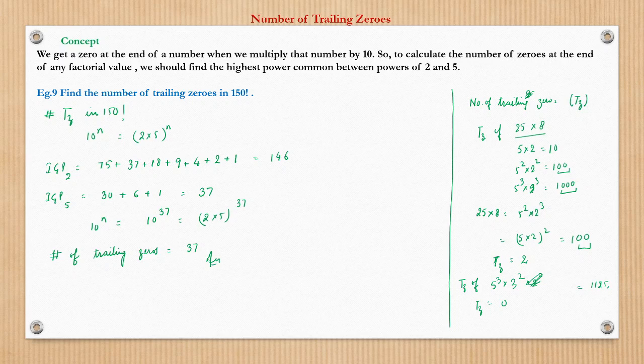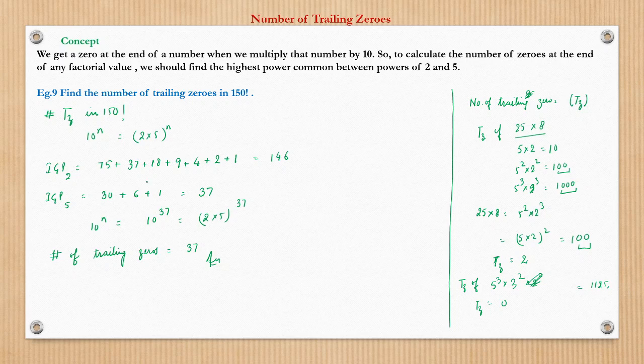Now see here, since I have done this with very basic, minute steps, should we have found this IGP of 2? Was it required? No, as I discussed some time back, since 2 and 5 are two prime numbers, and 5 is greater than 2, certainly the power of 5 will be lesser than the power of 2. 5 will have a lower power than 2 has in 150 factorial, and that would be limiting because we need to consider both the powers.